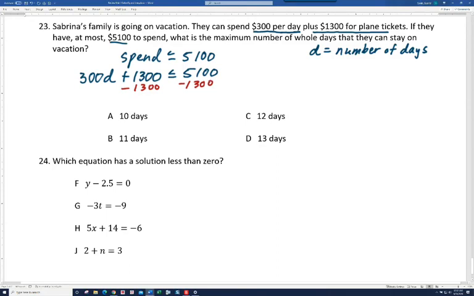And let's see, when we do that, I'm going to go ahead and write the work over here. We're going to end up with 300D less than or equal to 5,100 minus 1,300, which is 3,800. And so now, trying to get D by itself, I'm going to have to divide by 300.